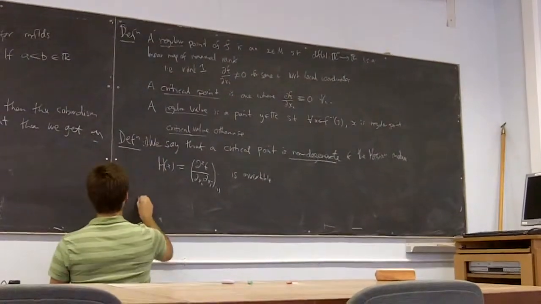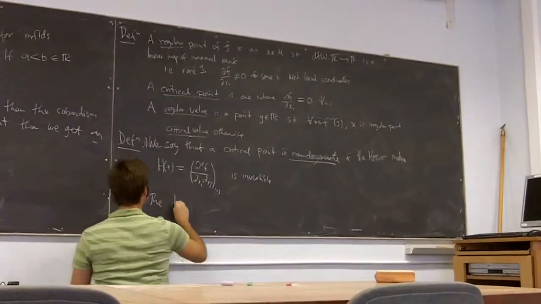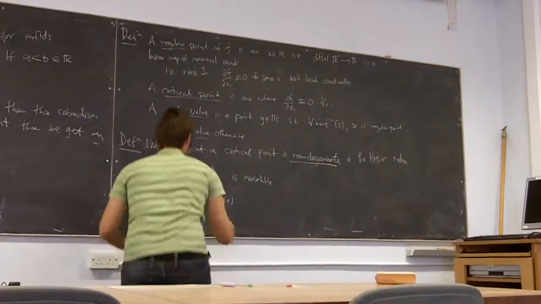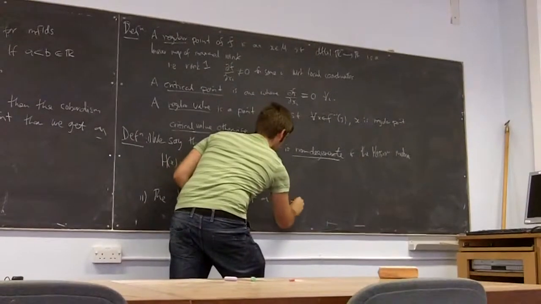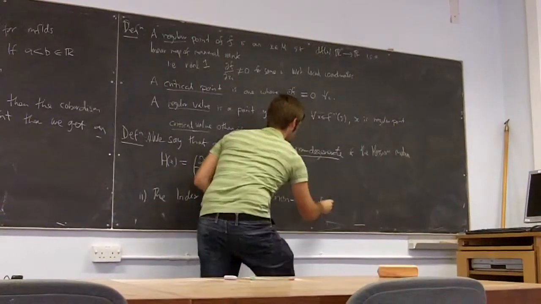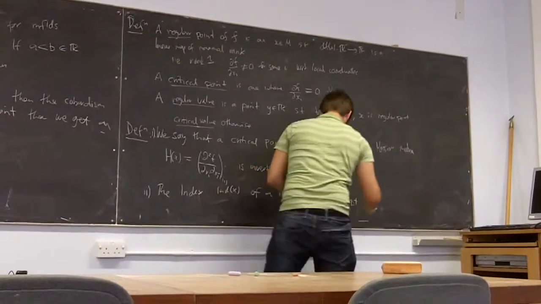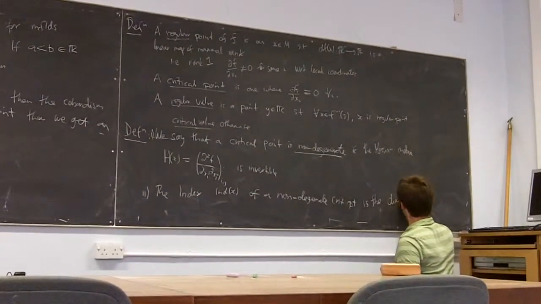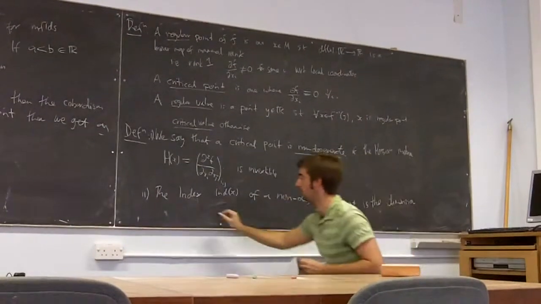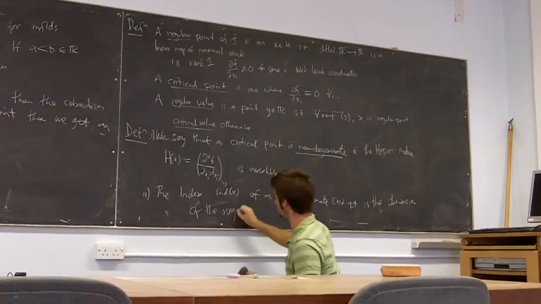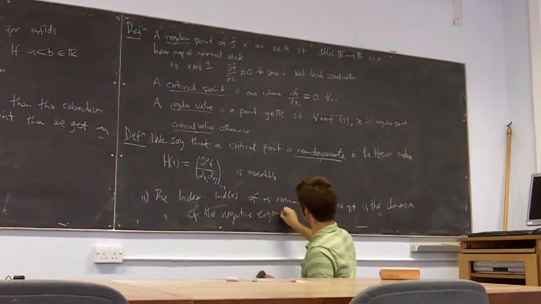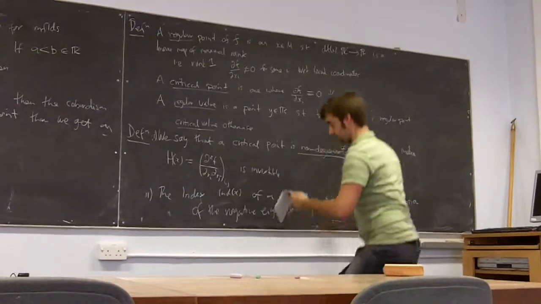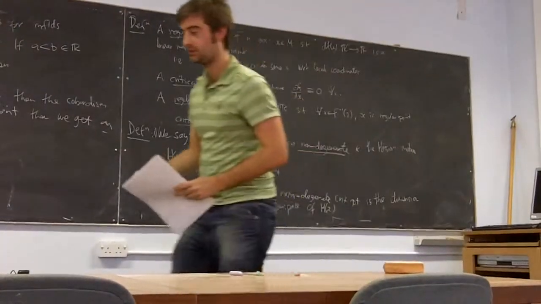Okay, let's just do part 1, part 2. In the case that it's non-degenerate, we define the index of x, a non-degenerate critical point, to be the dimension of the negative eigenspace of the Hessian of f at x. Okay, so we'll see a couple of examples in a moment.